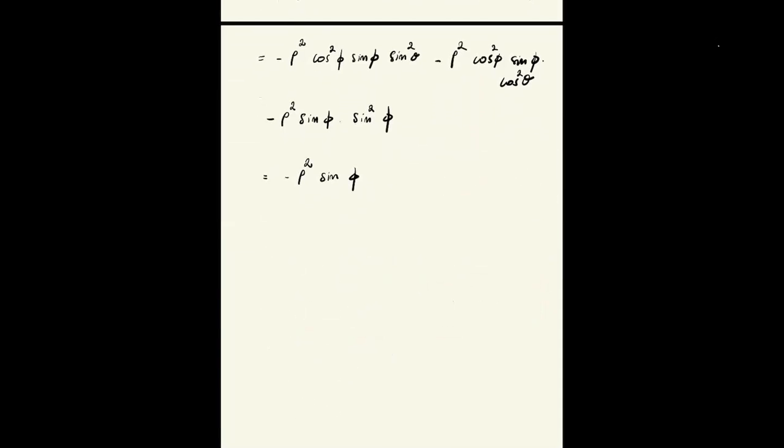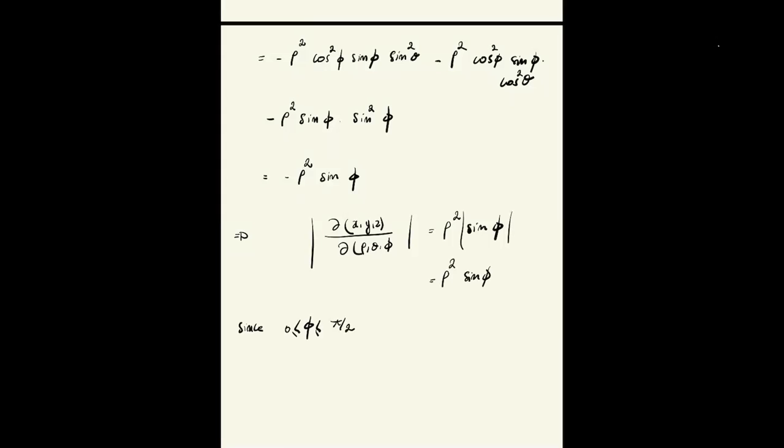The point is the Jacobian is now given by rho square sine phi. So magically, right?